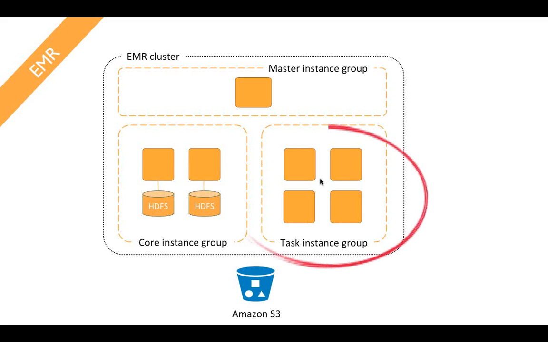And so a lot of customers use spot instances a lot for this purpose, where they'll actually use a lot of spot instances for their task group to try and crunch through their job much more quickly, but they don't really mind too much if some of those get taken away, because they know that the cluster is still going to keep going.